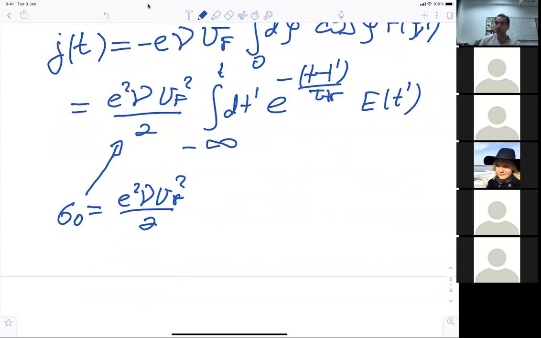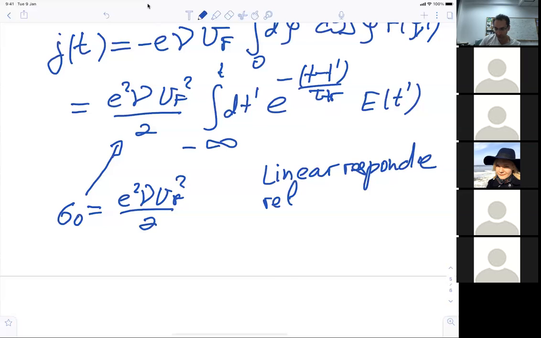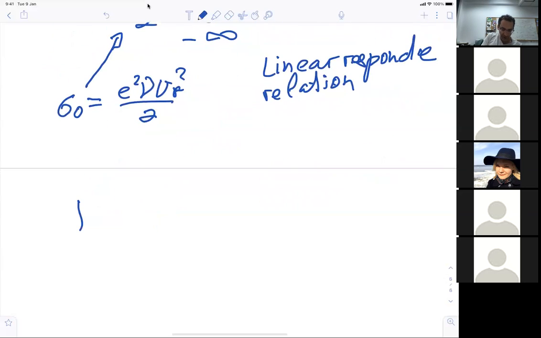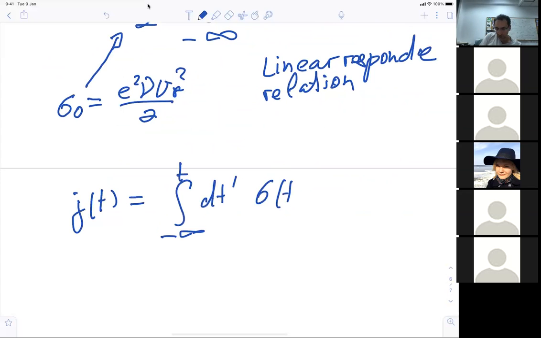So this is what is called linear response relation. What this equation tells me is that current at the time t is some integral from minus infinity to t dt prime sigma of t minus t prime times E of t prime.